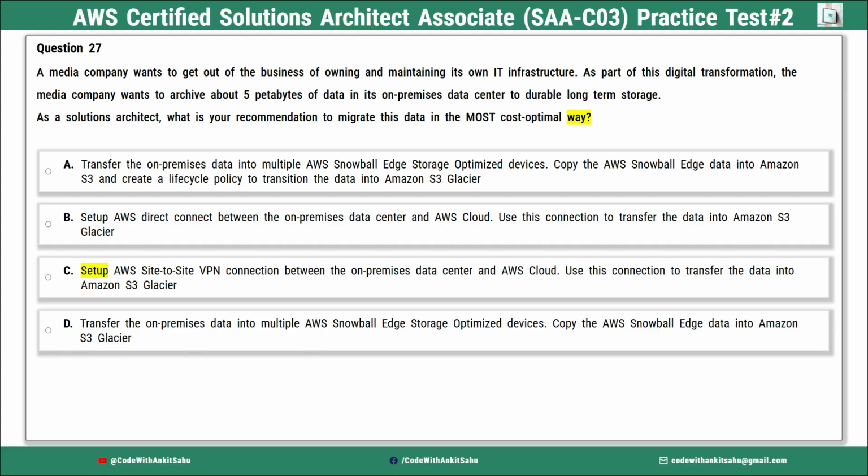Option C. Set up AWS site-to-site VPN connection between the on-premises data center and AWS Cloud. Use this connection to transfer the data into Amazon S3 Glacier. Option D. Transfer the on-premises data into multiple AWS Snowball Edge storage optimized devices. Copy the AWS Snowball Edge data into Amazon S3 Glacier.